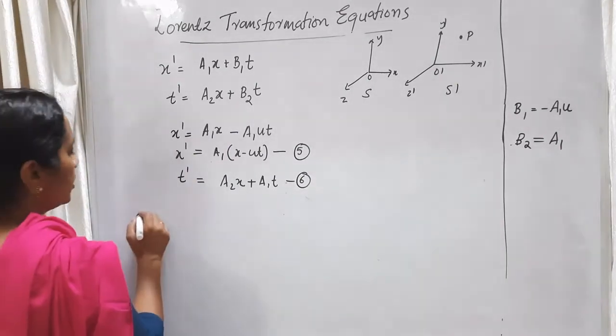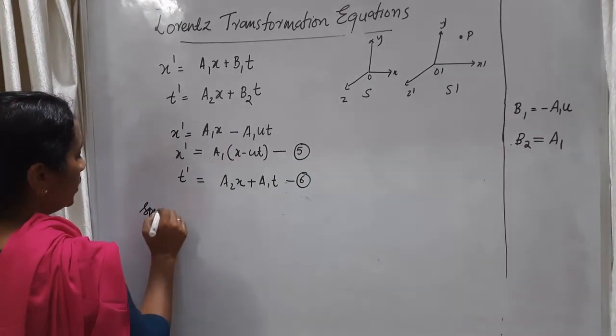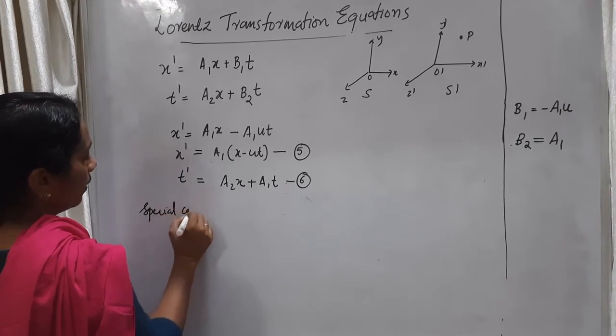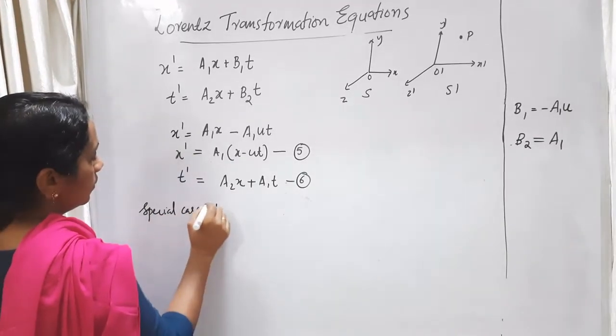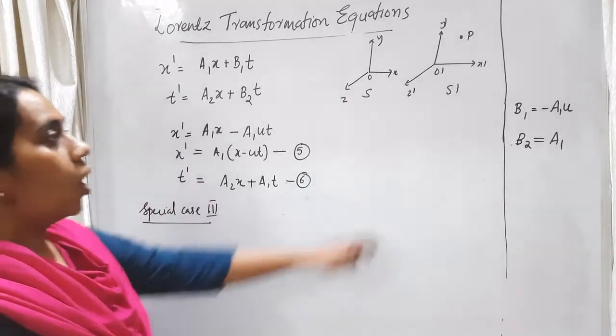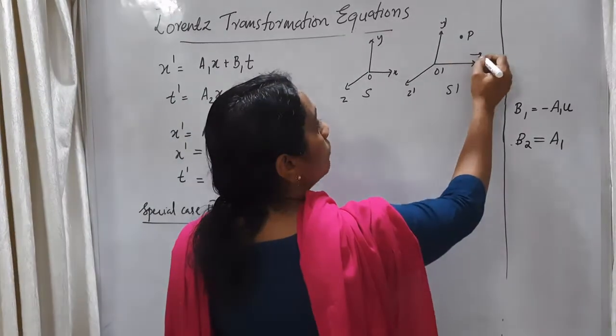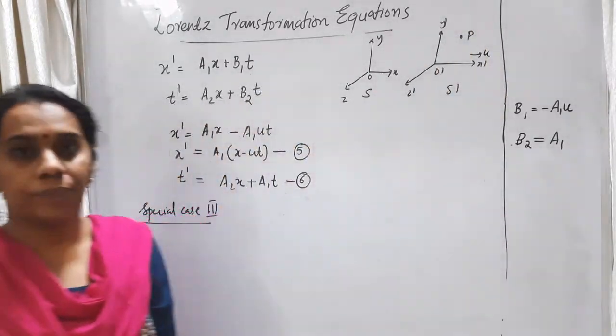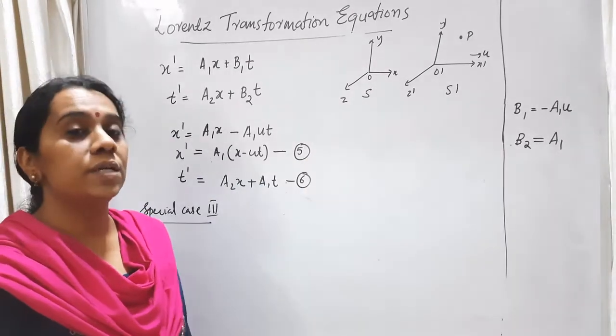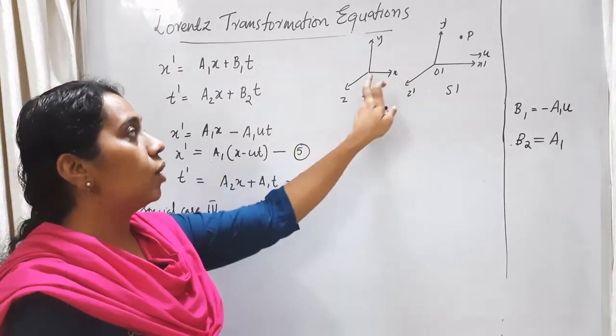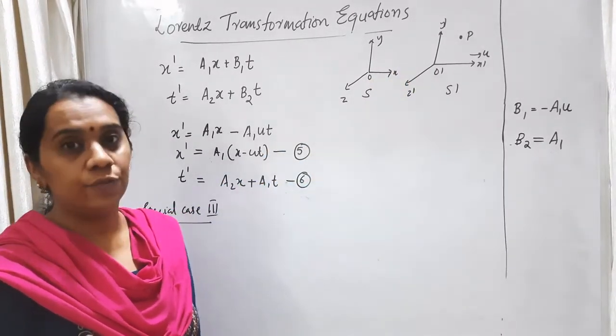Let us consider the third special case. Special case 3. Okay. Suppose the object P is a light beam. So what will be the positions measured by the observers in S frame and S dash frame?